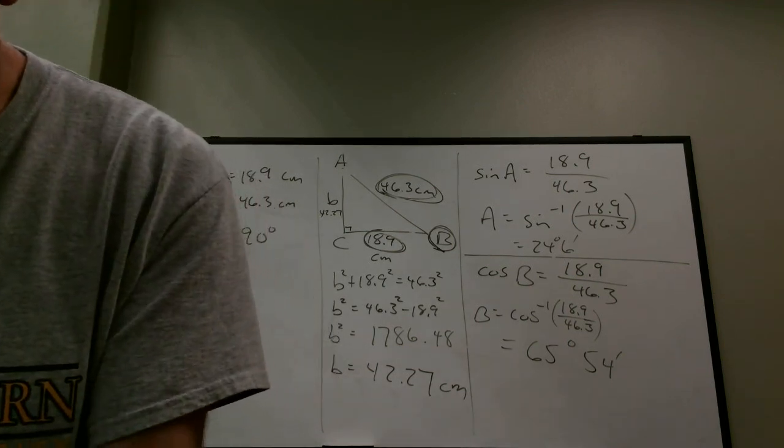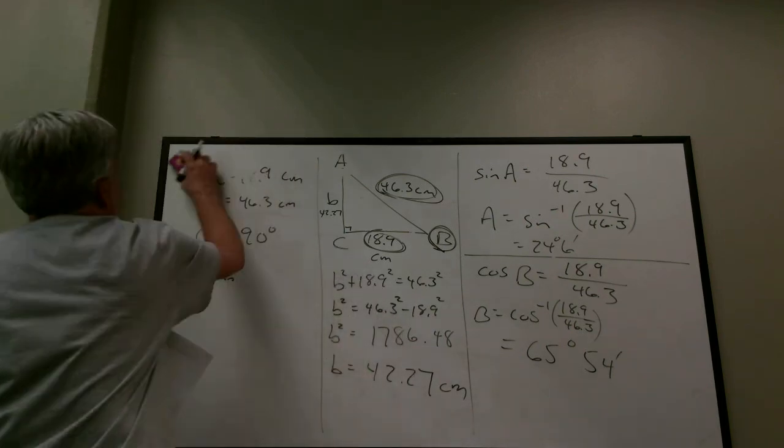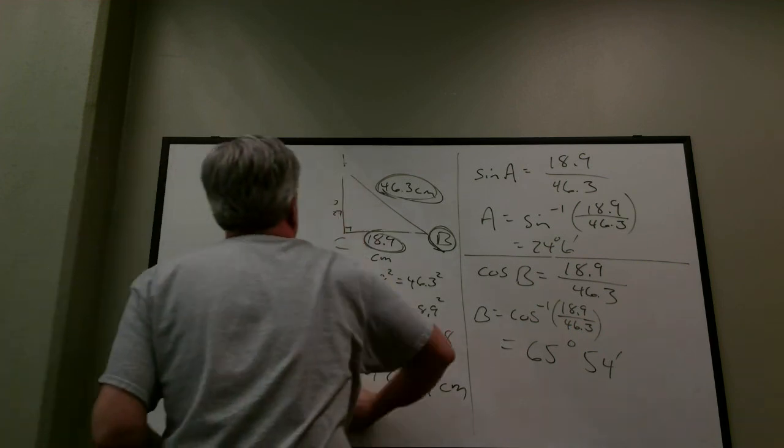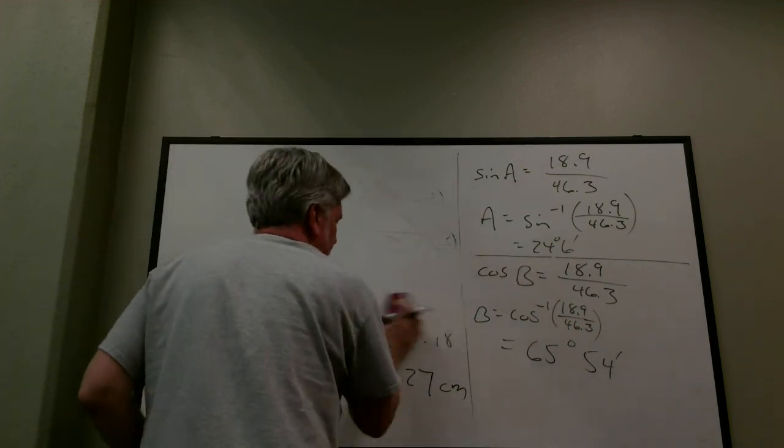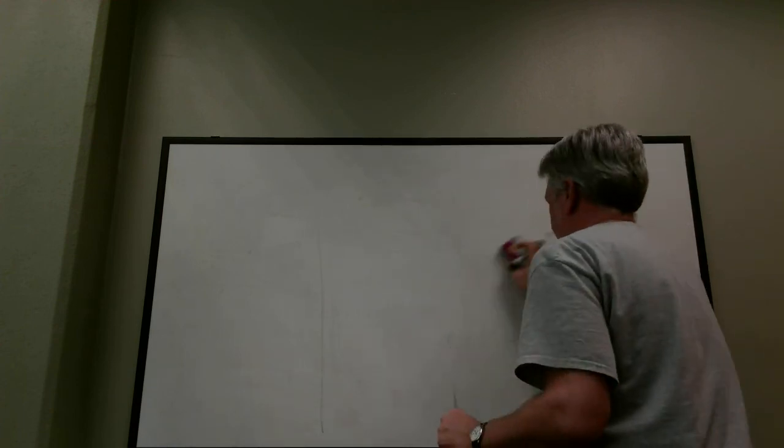Okay, so two more. Luckily, the next two, they don't have us find everything. So they won't be as long as these two problems. It doesn't say solve the triangle. All right, so number 46, there's a diagram in the book. So let me draw.